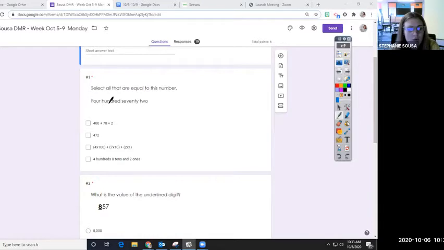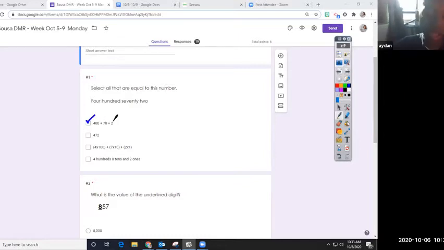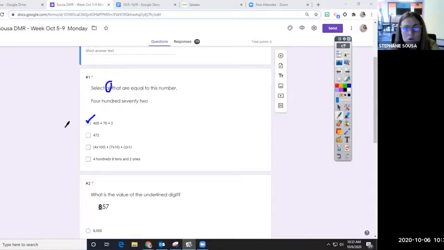This number is 472. So we can see that this is 400 plus 70 plus 2. 472. You should have chosen that one. It says select all that apply, so we know there's more than one right answer. This number also says 472 in standard form. This next one is where we started to get confused, okay?